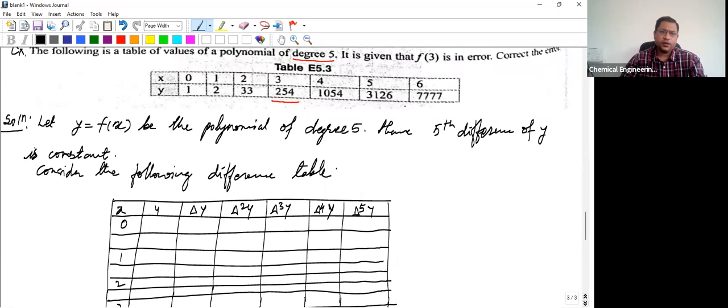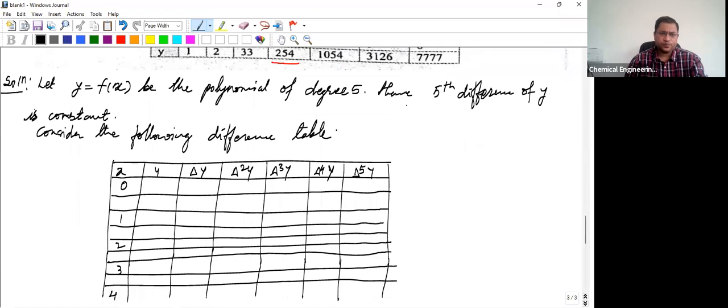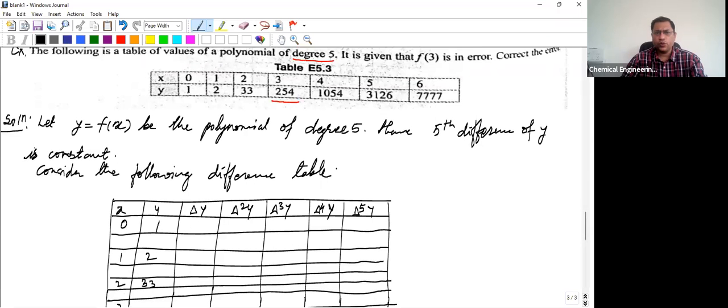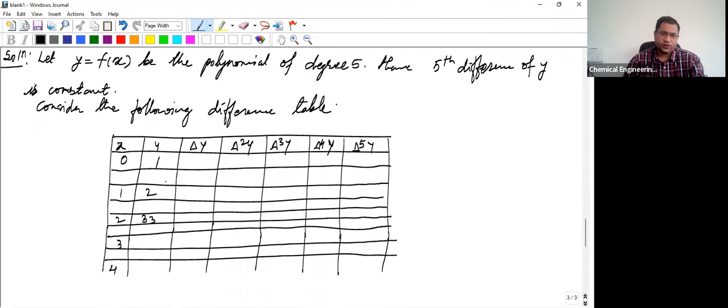Now we can see we have 1, 2, 33. And this value f of 3 is in error. So 254 is in error.